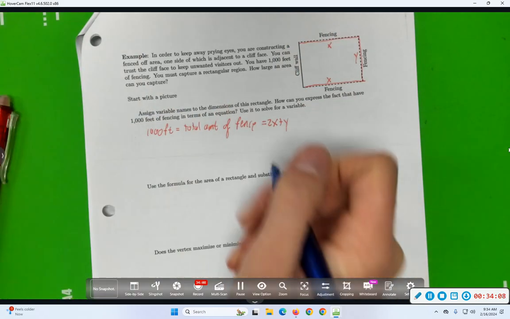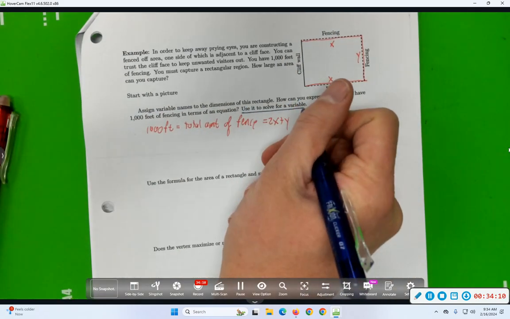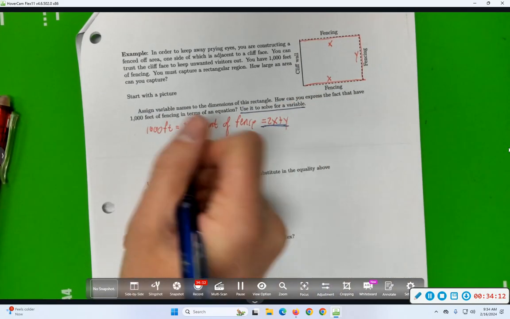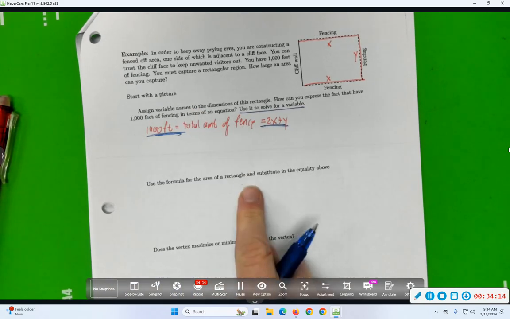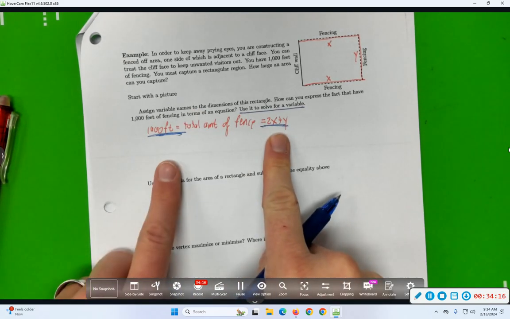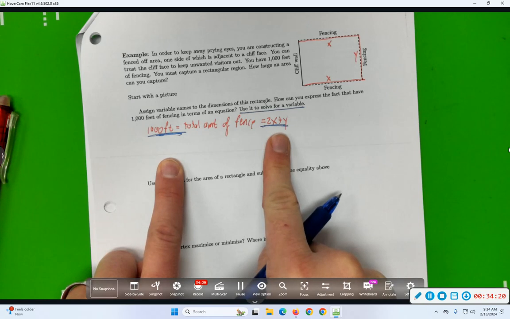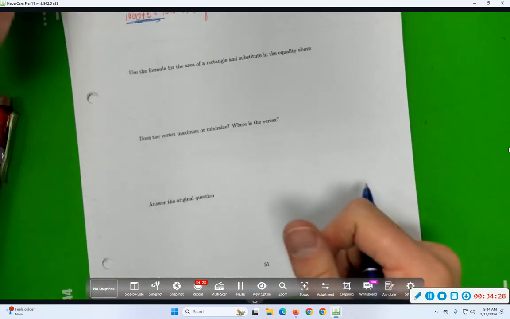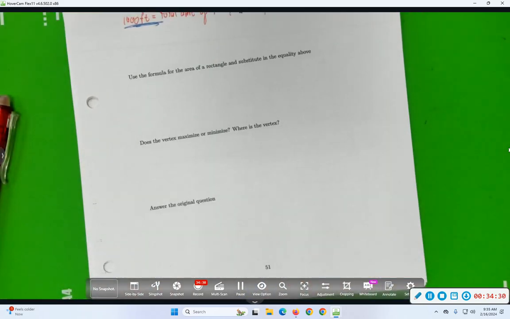I'll leave the rest to you, because does that look easy to solve for either x or y? Does it look easier to solve for one than the other? If so, then that's the one you should solve for. We want to maximize the area of this rectangle. What's the formula for the area of this rectangle?